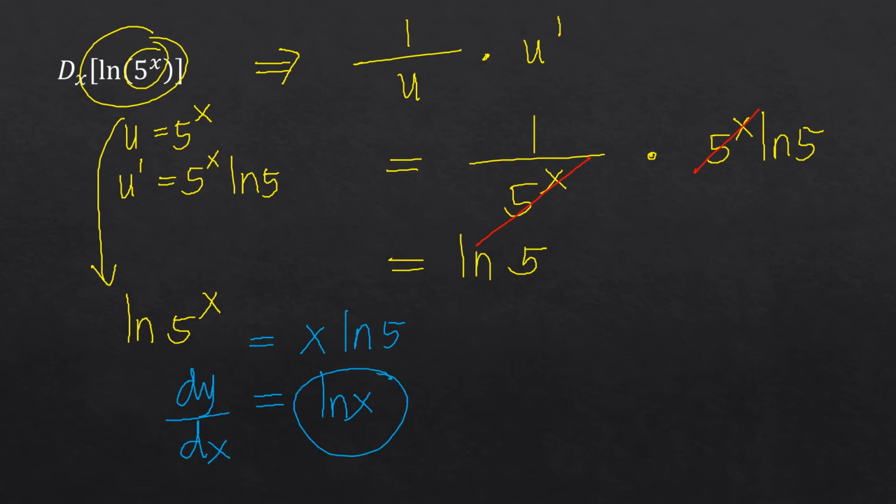Therefore, that must be ln of 5, because the derivative of x ln of 5 is the constant ln of 5. Now compare them, they're just the same.